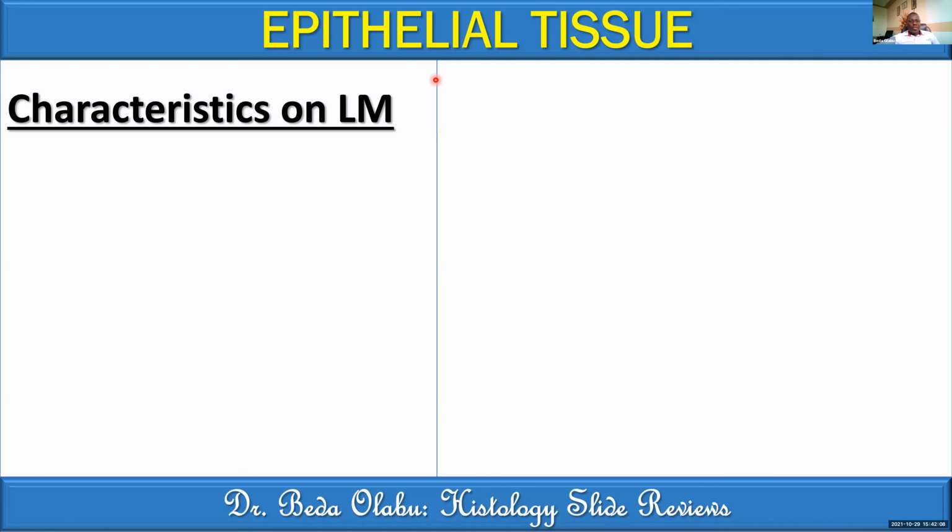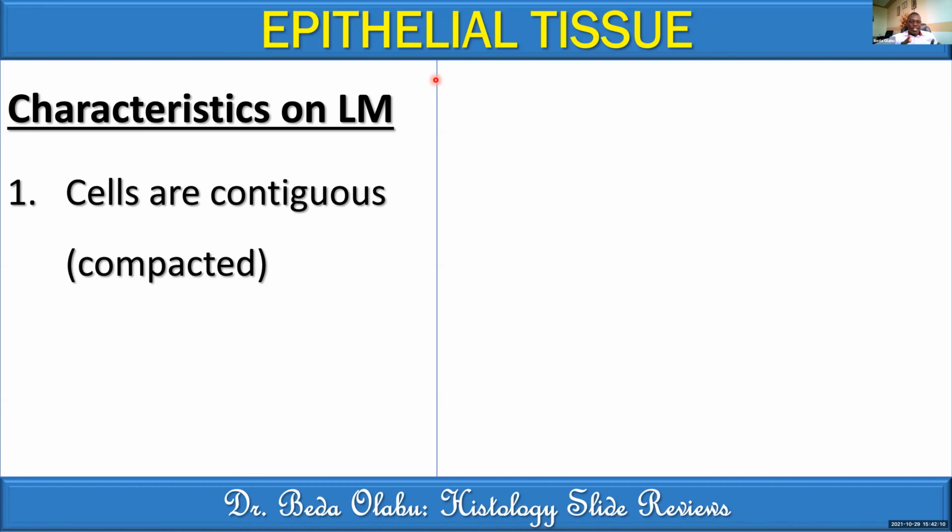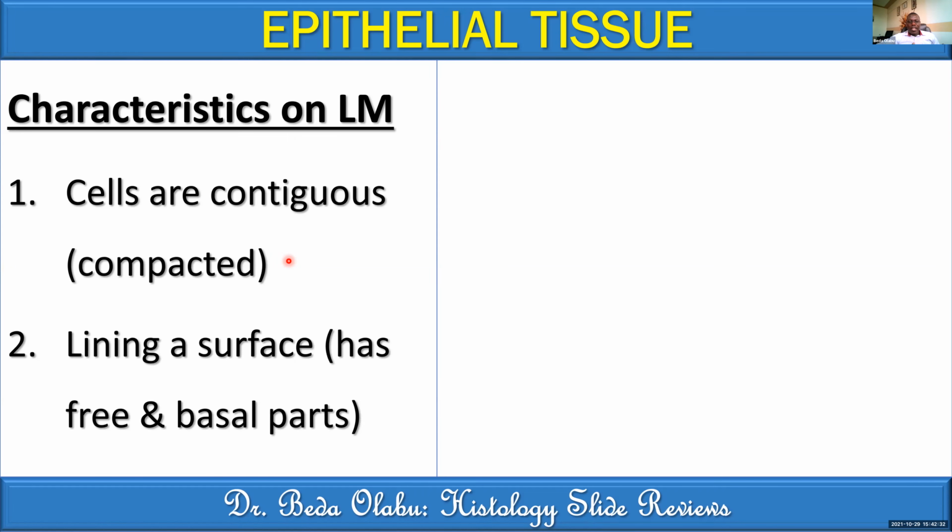So what do you see under microscope? One, the cells are closely packed, which means that the matrix is very minimal. For me, that is very key. If I don't see cells closely packed, then it is not epithelium. And what next? Is it on a surface?